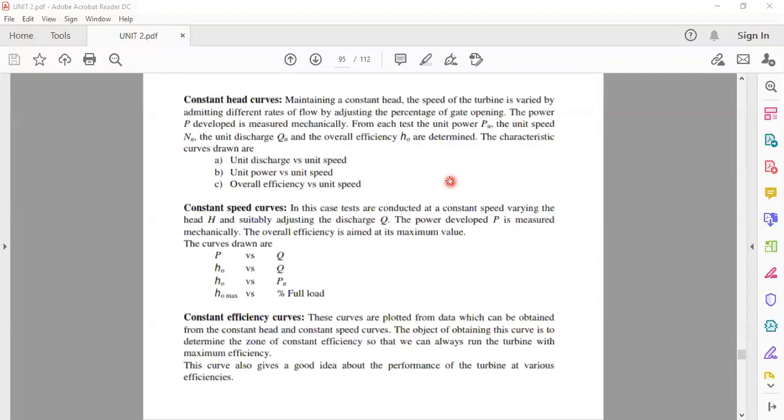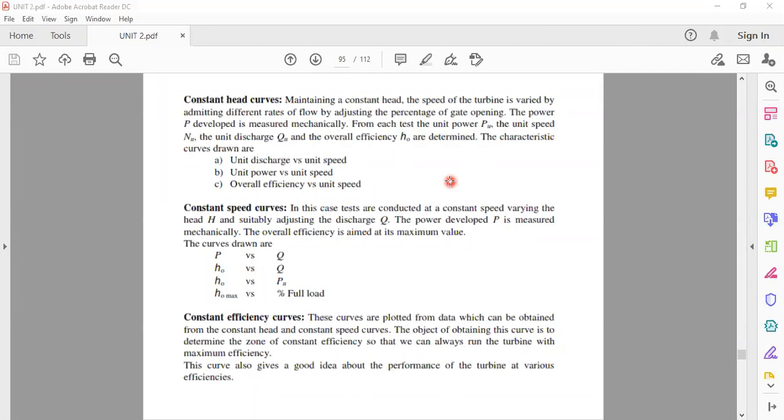So, the constant speed curve. In this case, tests are conducted at constant speed, varying the head H, by suitably adjusting the discharge. The power developed P is measured mechanically. The overall efficiency is aimed at the maximum value.